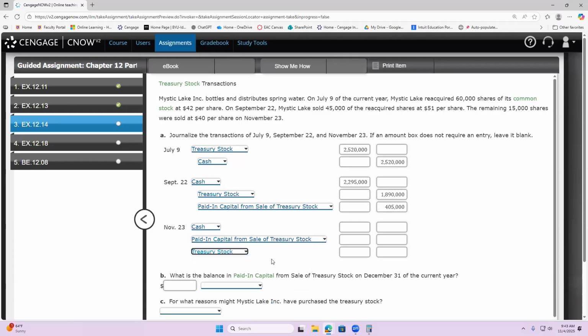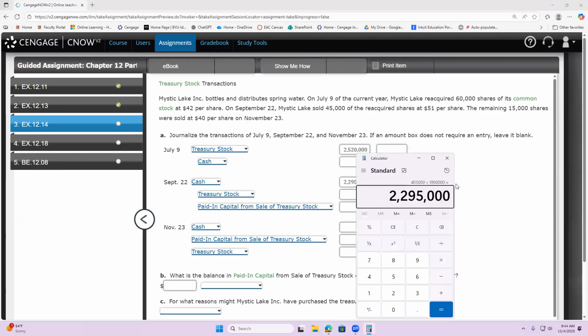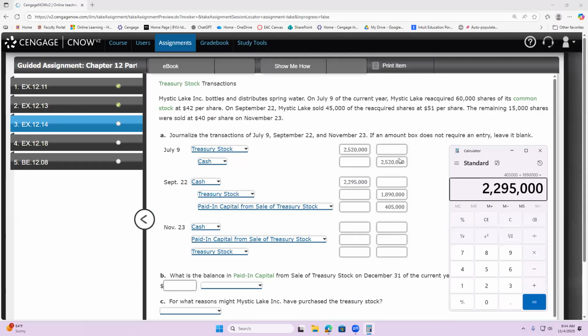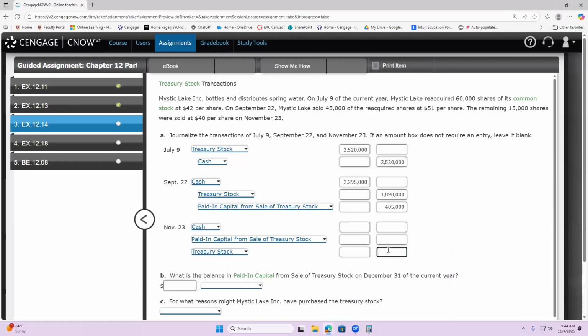So if they sold it for $40 per share, let's see, how do we get that number? We're going to say we sold 15,000 shares. And so we still multiply it by what we paid for it. So I get 630,000 here.